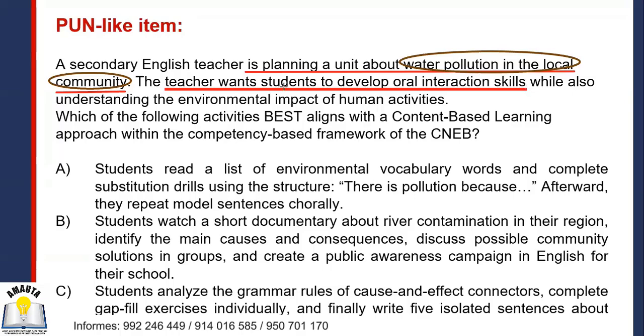This is the teacher's purpose, to develop oral interaction skills while also understanding the environmental impact of human activities. So this is what the teacher wants, to develop this skill in their students and also to make them understand the environmental impact of human activities.